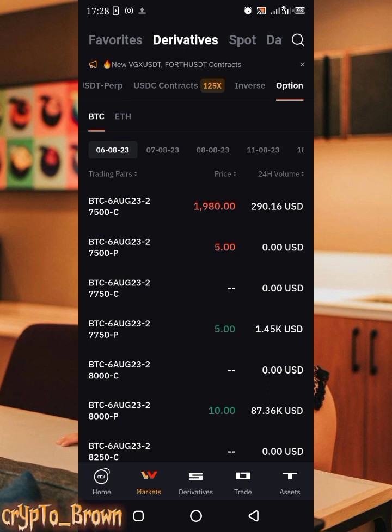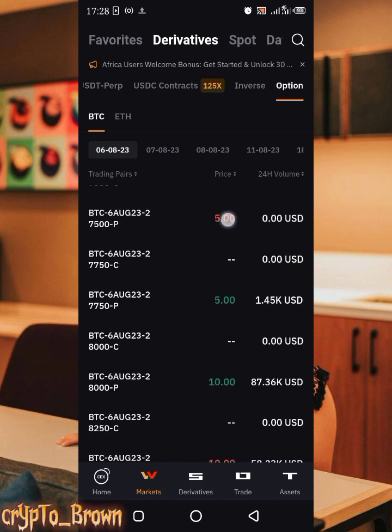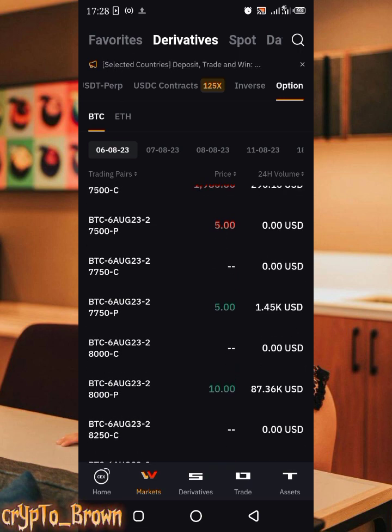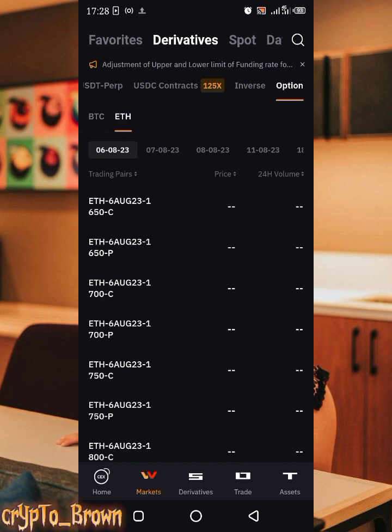With option trading, you need to select whether you bid or you sell, and it has an expiration date. That's unlike futures trading where you get more days to trade. It doesn't matter how long you stay in the trade.